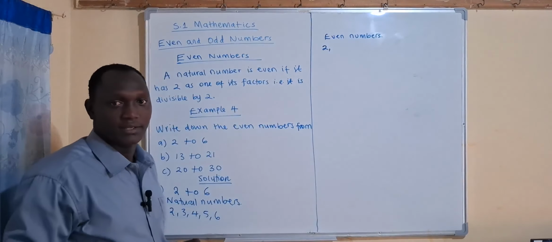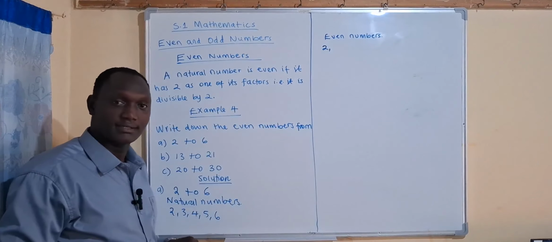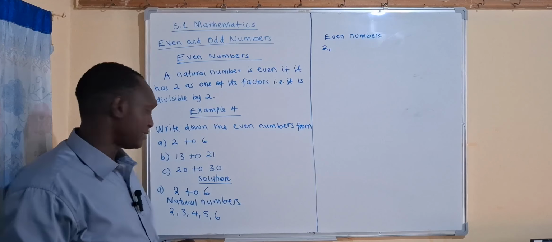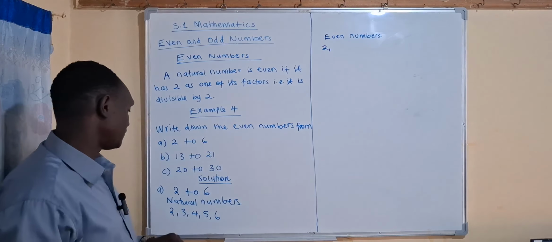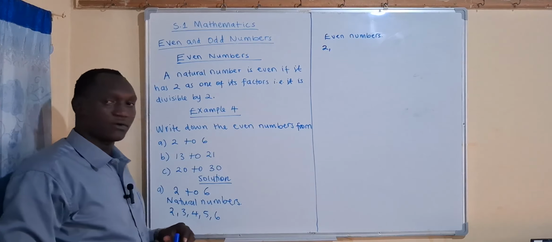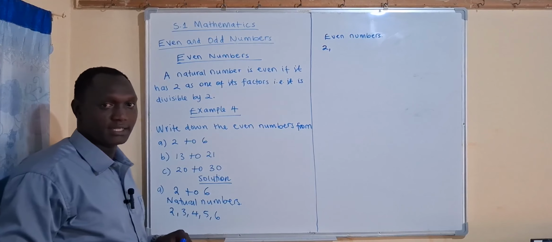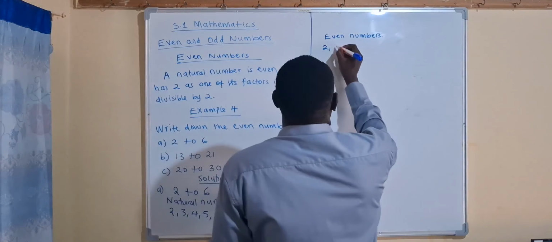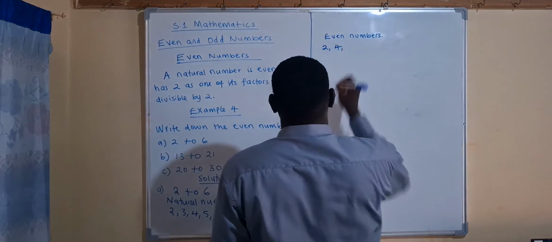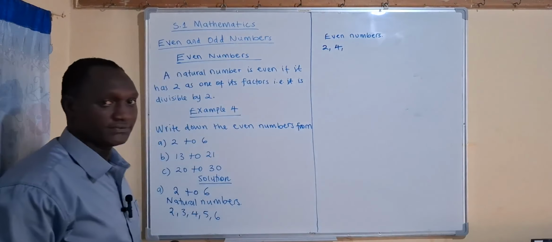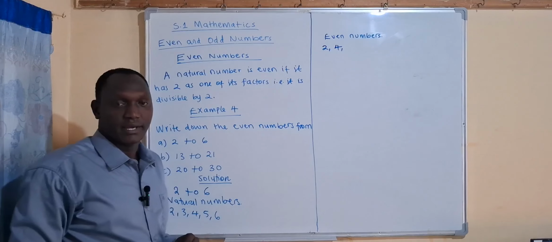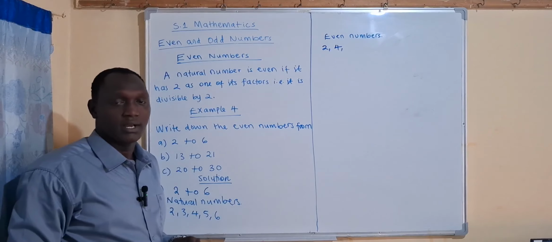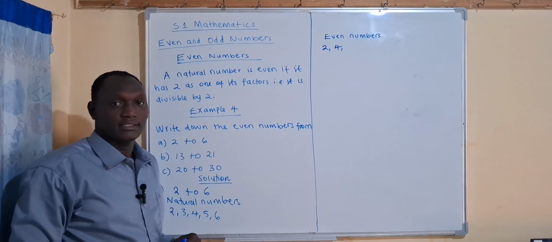What about 3? 3 divided by 2 is 1 and the remainder is 1. That makes 3 not an even number. How about 4? 4 divided by 2, we get 2 and the remainder is 0. That qualifies 4 to be an even number. What about 5? 5 divided by 2, we get 2 and the remainder is 1.